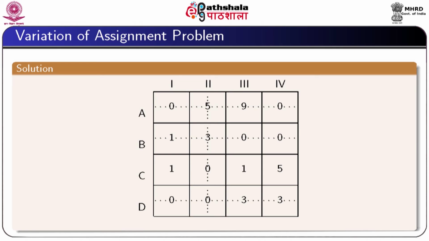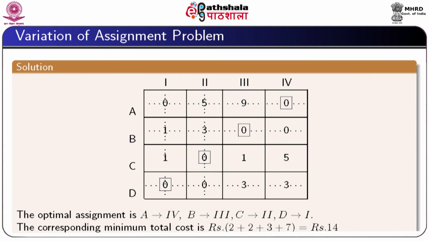Then we proceed to further improve the solution by following the Hungarian method and draw the minimum number of horizontal and vertical lines in the next stage.